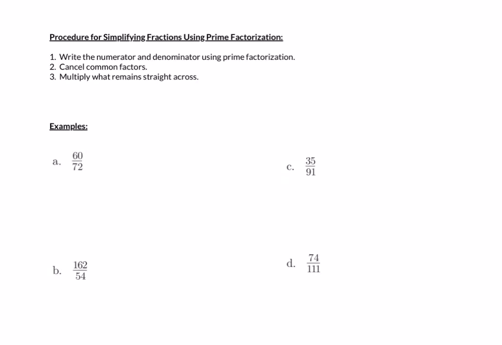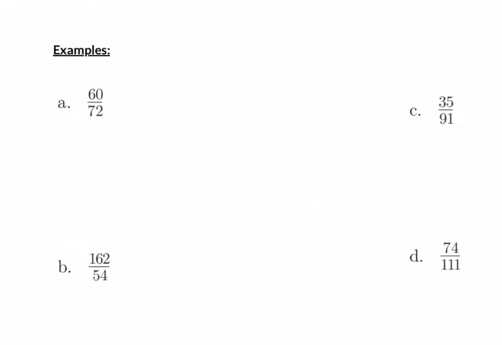First thing we want to do is write the numerator and denominator using prime factorization. Again, I'm going to write it out in expanded form. I don't want exponents. And then we're going to cancel common factors. From there, we multiply what remains straight across. So let's go ahead and try some examples.